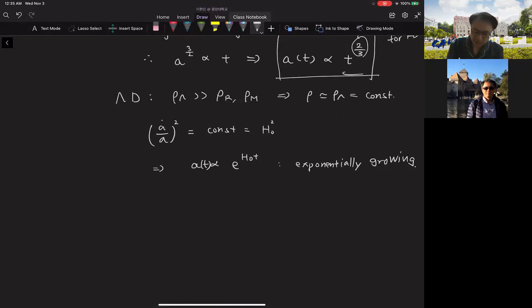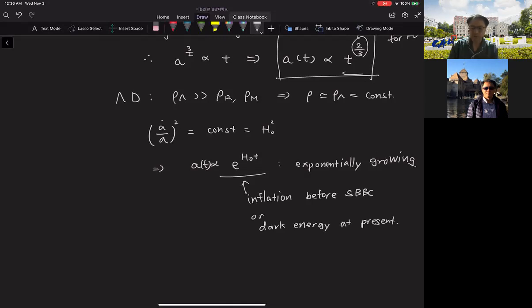So vacuum energy dominance, this scale factor dependence occurs during inflation, the early period of exponential expansion before the standard Big Bang cosmology, or dark energy at present in the current universe.